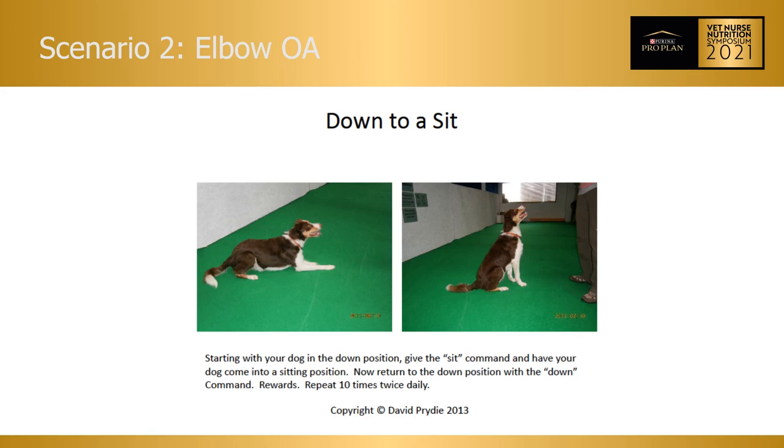And then we ask them then to return to a down position and treat. And the idea is that this movement of a down to a sit to a down will increase range of motion in that elbow joint. We can then increase the difficulty of this exercise by increasing the repetitions of the exercise and also the frequency of which we do this exercise per day.